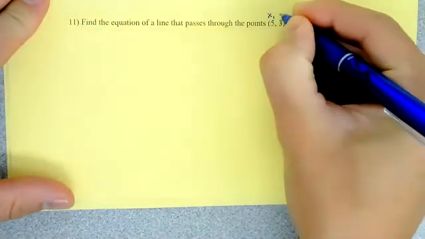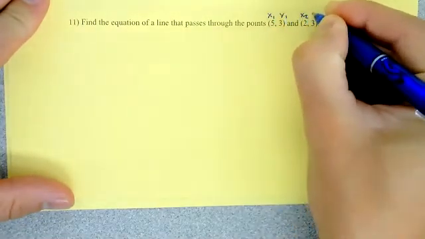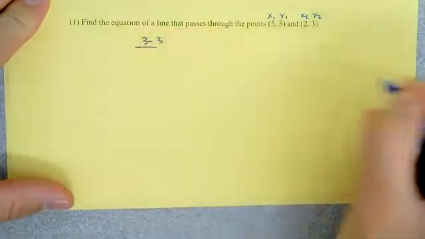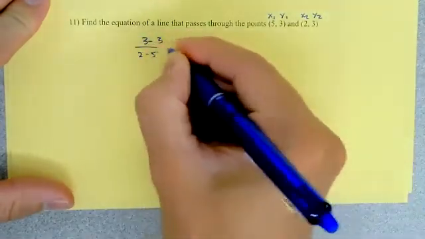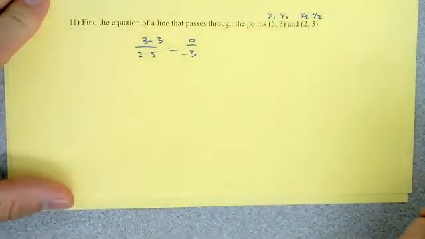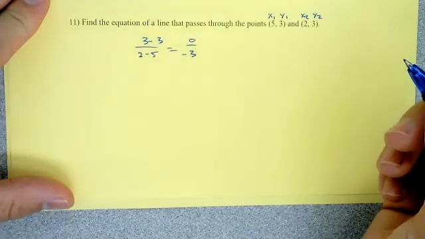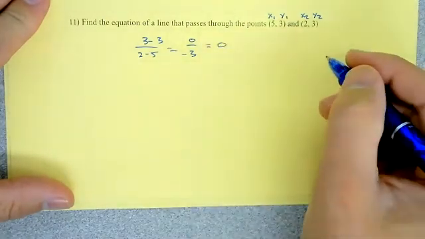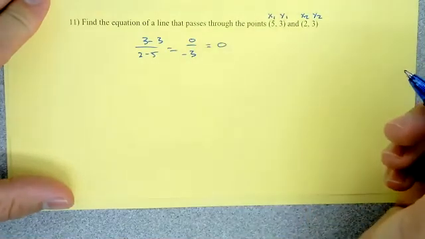So we go x1, y1, x2, y2. So we get 3 minus 3 on top, 2 minus 5 on the bottom. So we get 0 over negative 3, which is just 0. All right, 0 divided by anything is just 0.